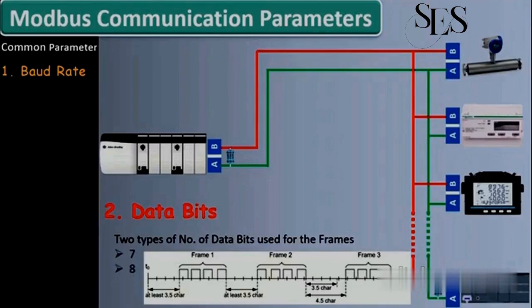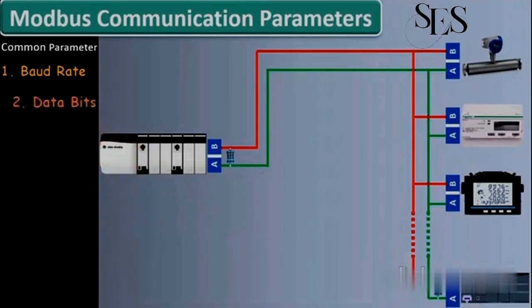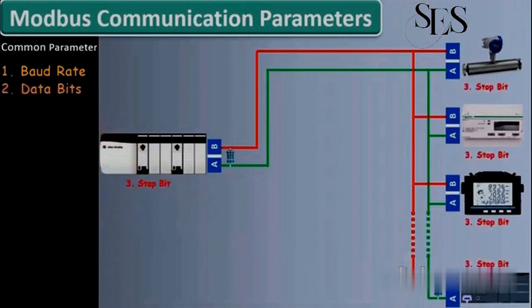When you choose 7, you make a 7-bit digital frame. When you choose 8, you make an 8-bit digital frame. This is handled internally by the RS485 communication port. Normally we use 8 data bits, and the frame you are seeing in this picture is also 8-bit.